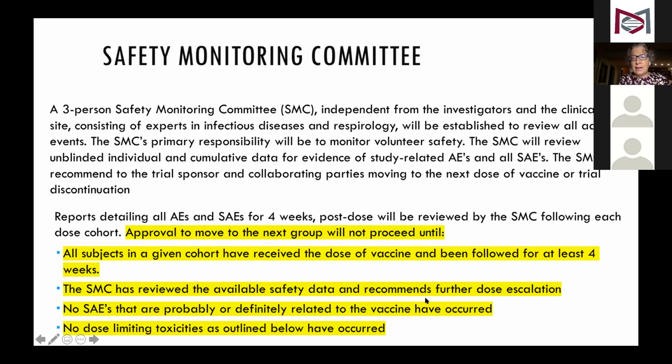They've reviewed all the safety data. No SAEs that are probably or definitely related to it have occurred, and no dose-limiting toxicities. So this is built into the protocol. You can't make it up as you go along, and I think that gives confidence to the quality of the type of research that you're doing.